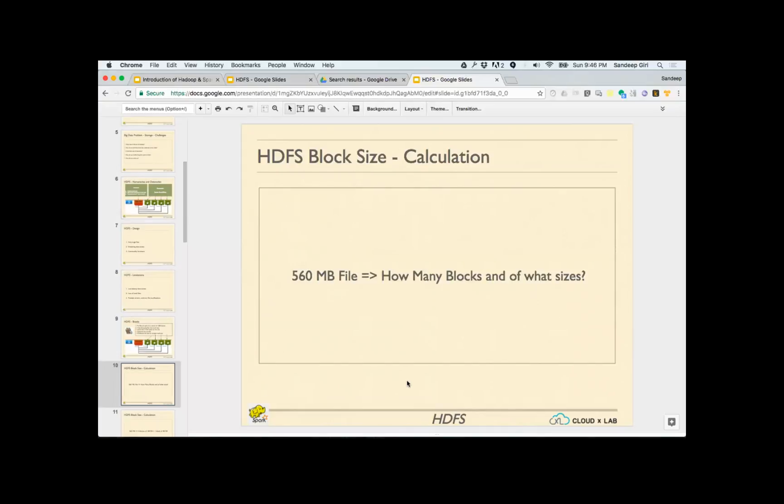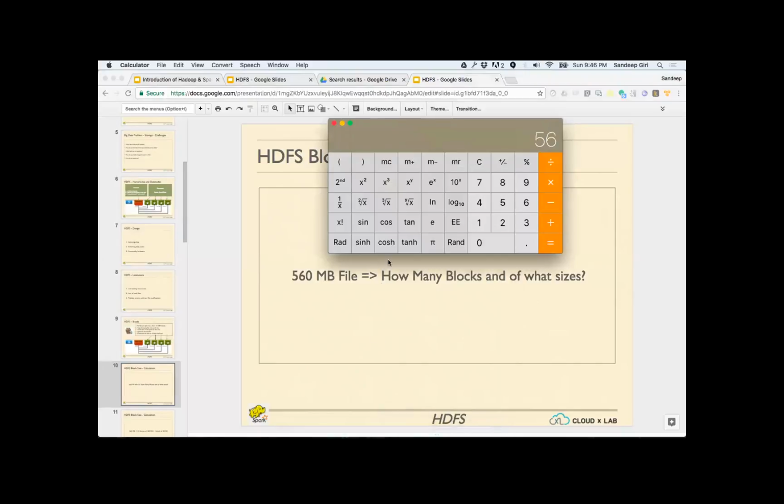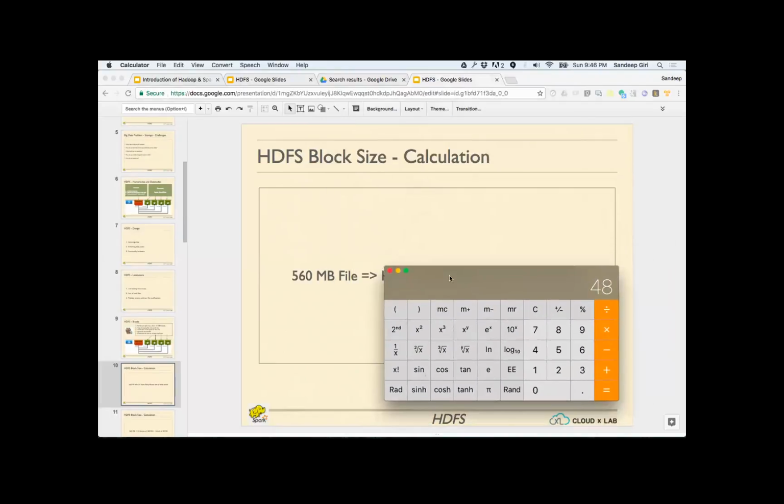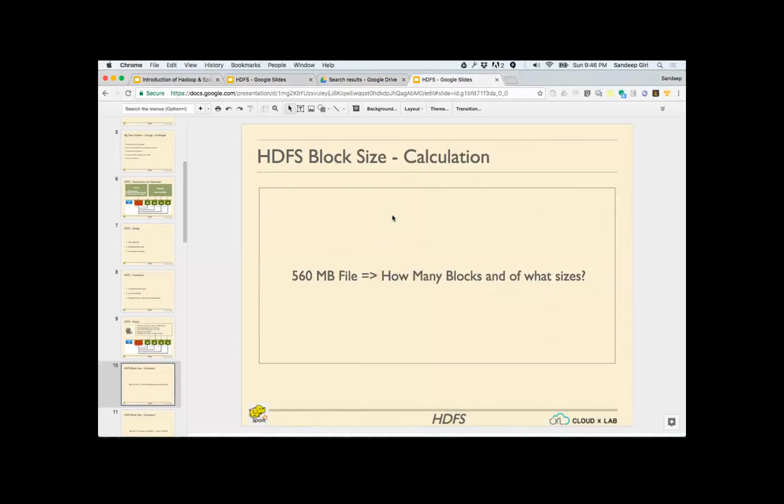Sudhakar says 5 blocks. Okay. So if I say 560 divided by 128 MB, that's 4.35. So that means four blocks plus one block of the remainder. The last block is going to be smaller. Yes, 4 full and 1 partial block would be there. That's right, Alvin.